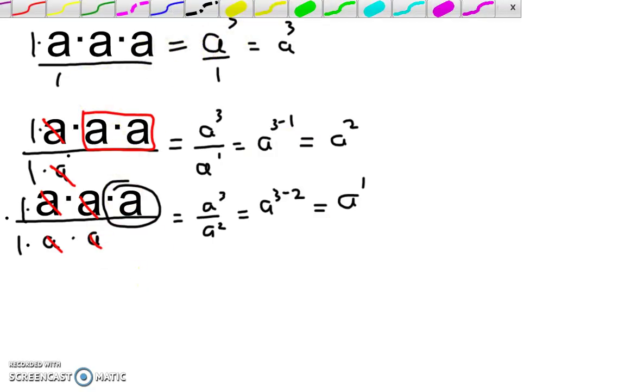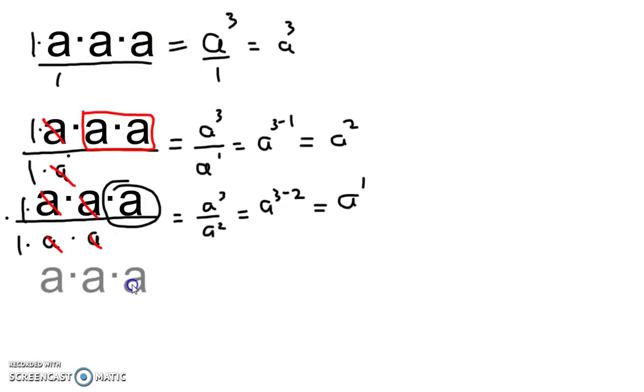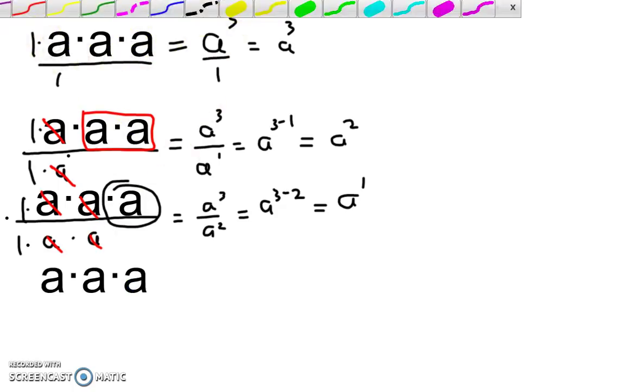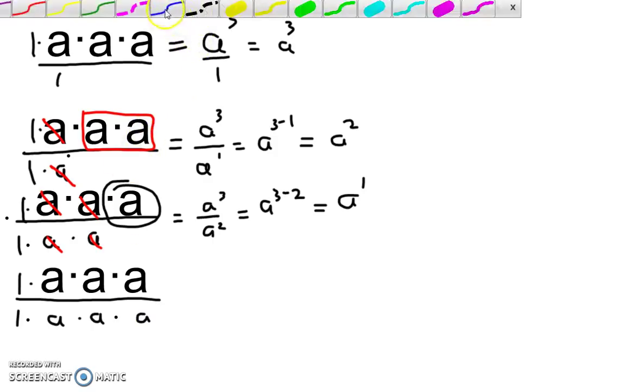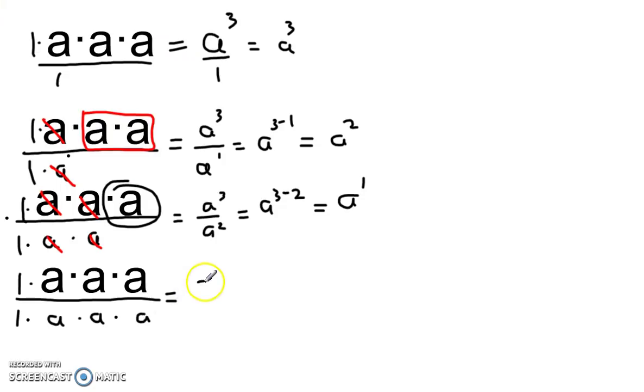Now, if I take this same situation, and I'm going to divide by 3 factors of a this time. A times a times a. Then what I get is a to the third over a to the third. Well, if I divide anything by itself, first off I can say 3 minus 3 would be 0, a to the 0 power.